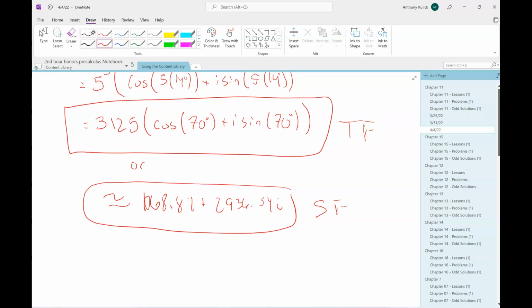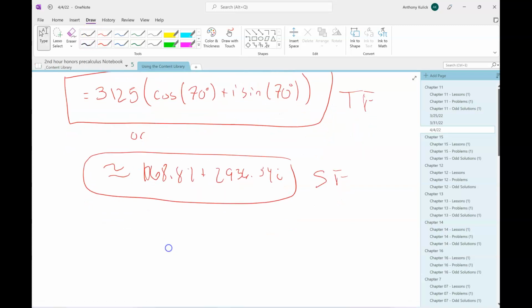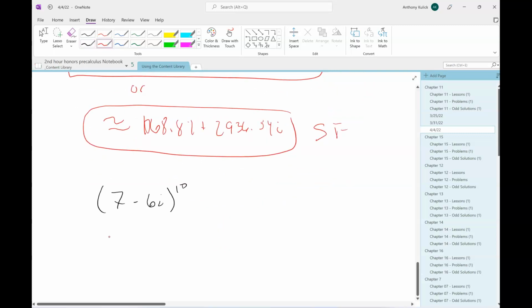What if we'd given you the problem in standard form and asked you to do this? What should I do now? Well, I'm going to convert it to trigonometric form. 49 plus 36 is 85, right?